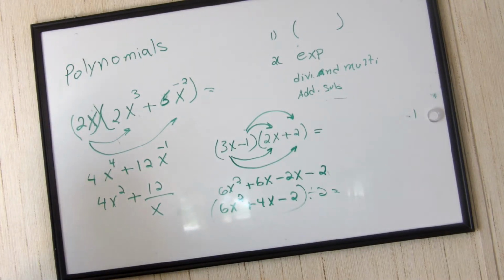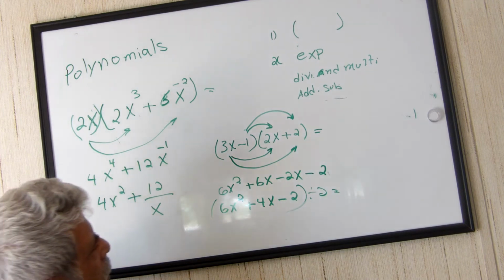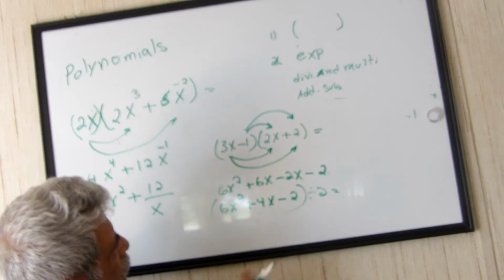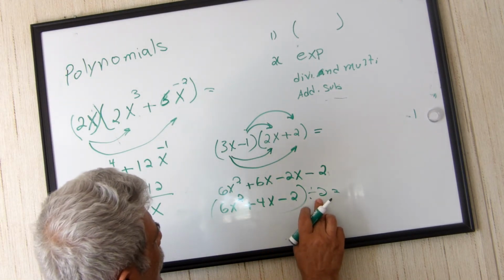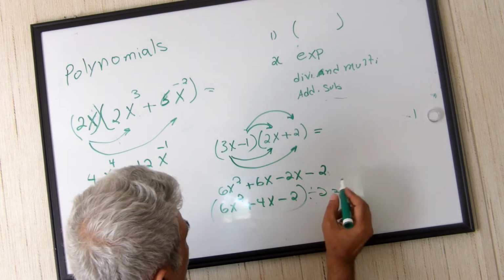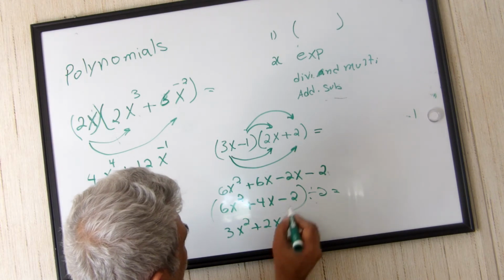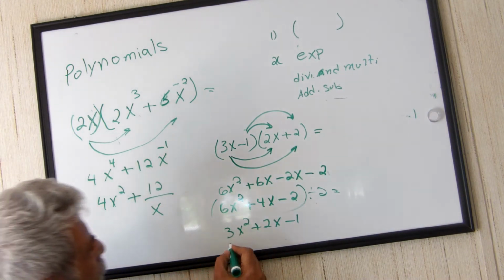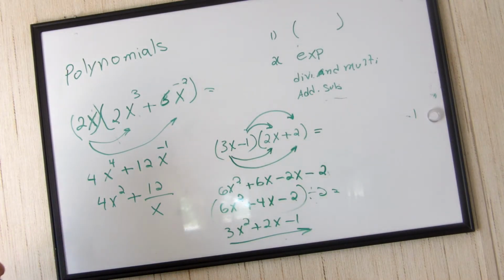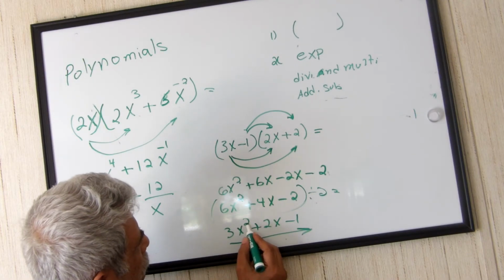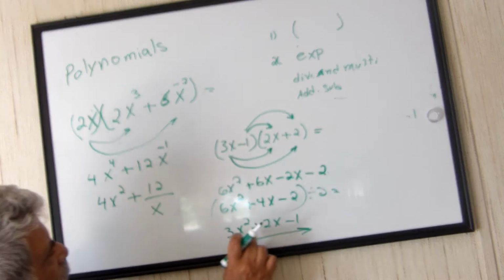Actually you find the GCF of this, but let me talk about those later, because it's a little bit different from what I was trying to say. So all of them divided by 2 is going to be 3x squared plus 2x minus 1. This is the simplified form, and we write it in order: the higher exponent comes first and then the lower.